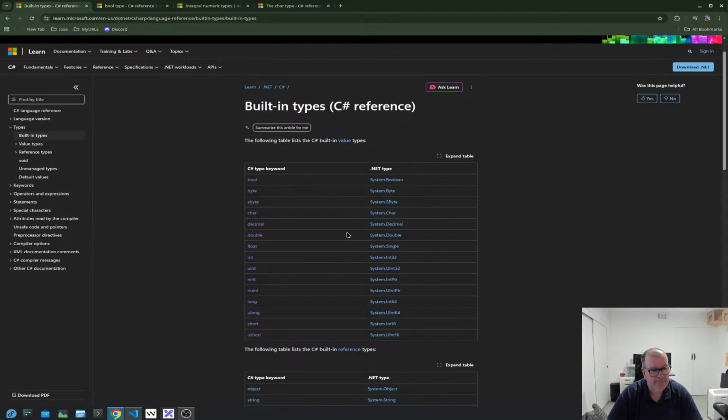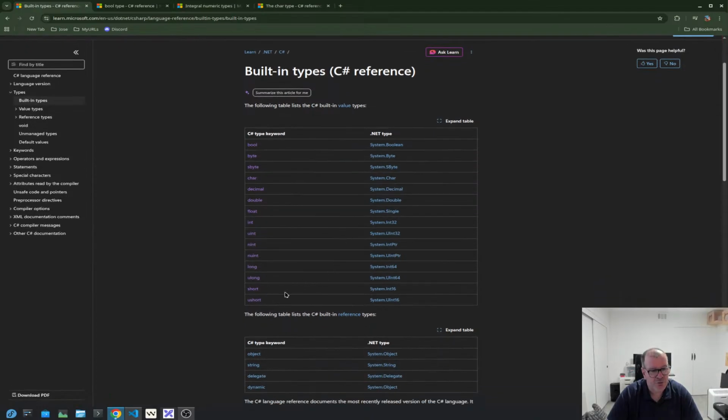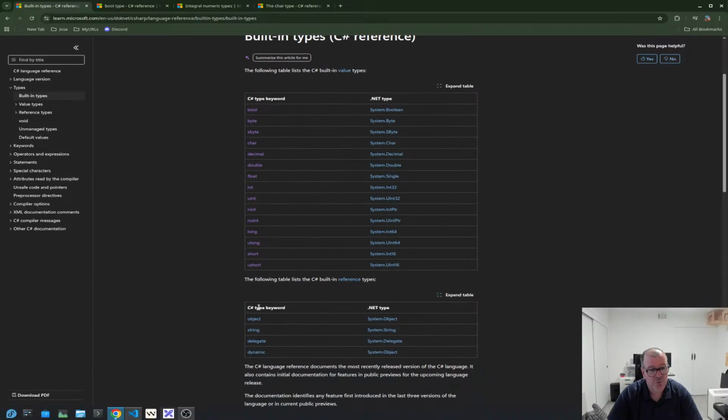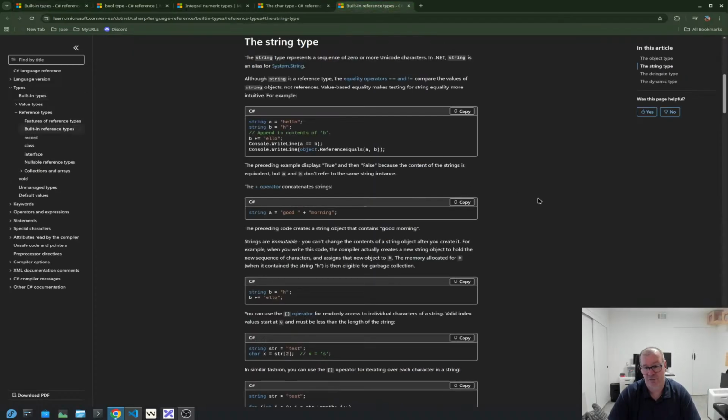And then we have short, ushort. Those are other types that you're going to learn later on. But then there is object, delegate, and dynamic. And then there is string, which is very common as well. String is a special, complex type where we can store letters and numbers. It's alphanumeric, and we already saw one example.